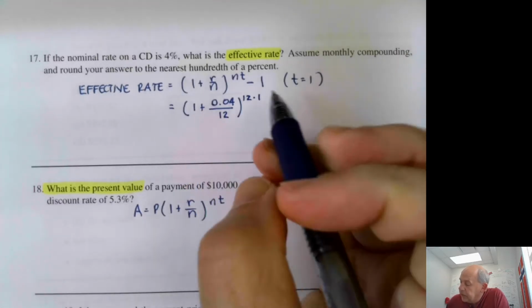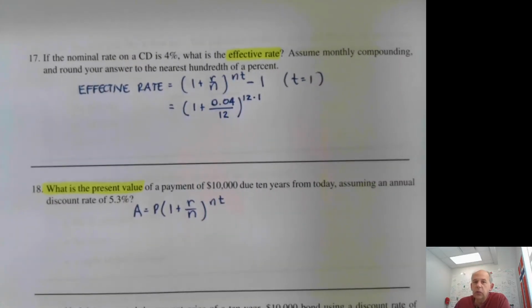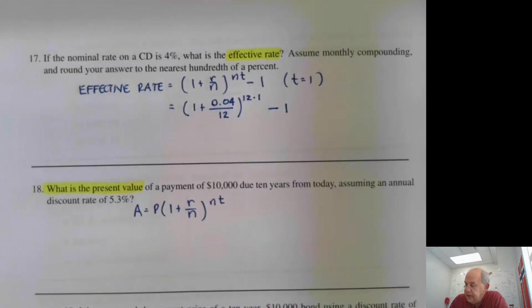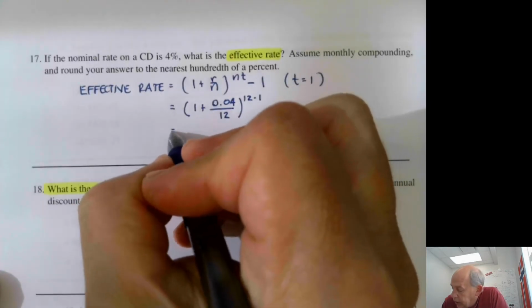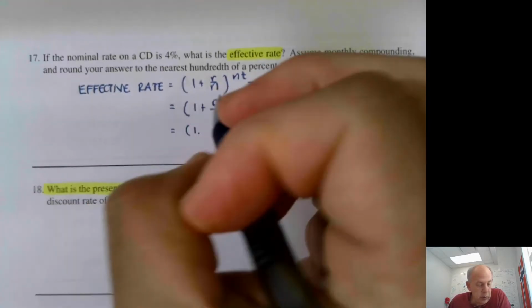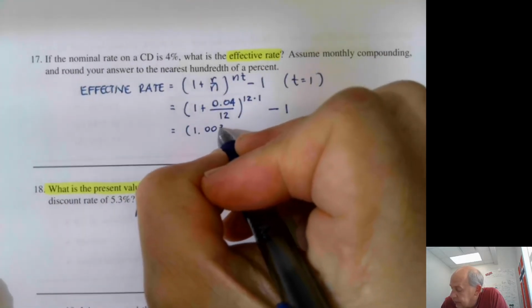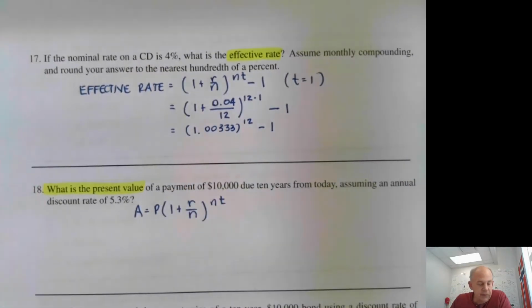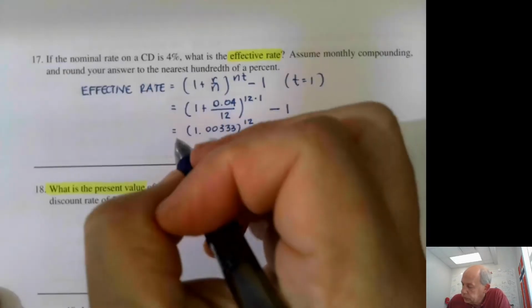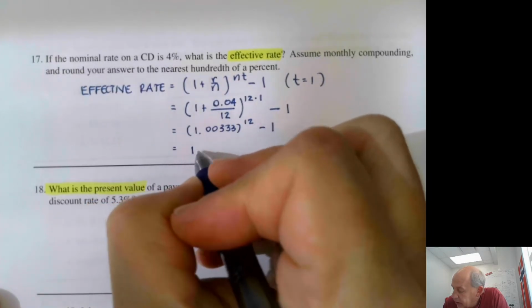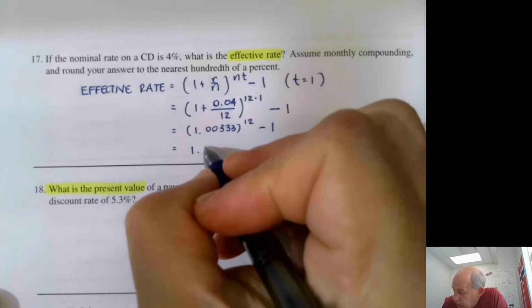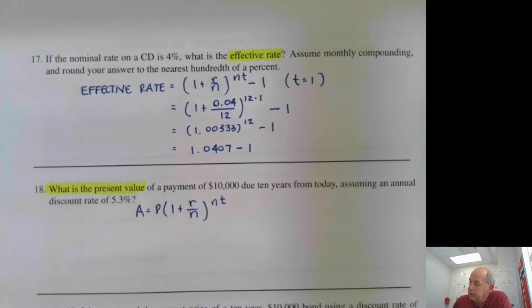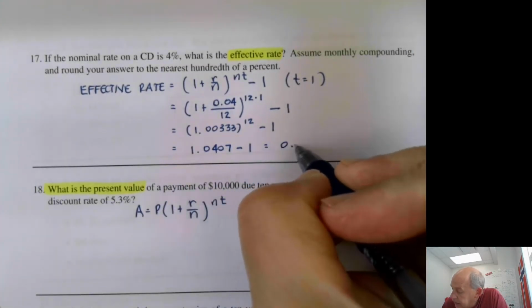My T for this formula is always equal to 1, and then I'm going to subtract 1 at the end. So what I have here is 1.00333 raised to the 12th minus 1. This value in my calculator is 1.0407 minus 1. And I'm basically finished here.